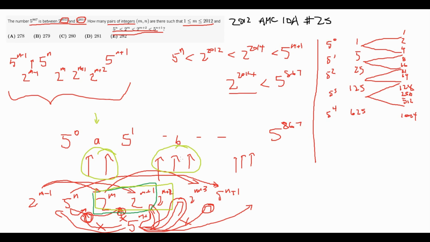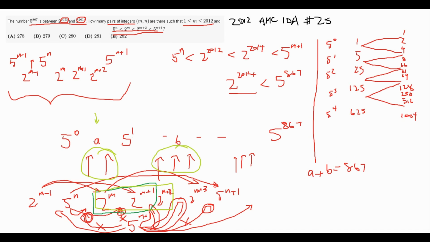Well, first off, because we know that 2 consecutive powers of 2 or 3 consecutive powers of 2 happen between 2 consecutive powers of 5, and there are a total of 867 times where we can look between 2 consecutive powers of 5, that means we know that A plus B is 867.